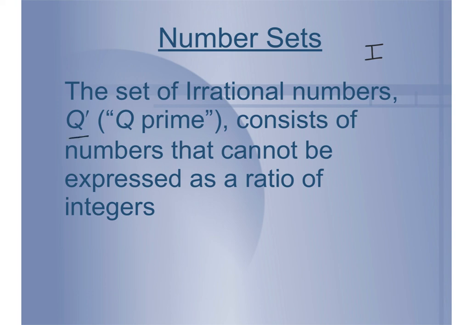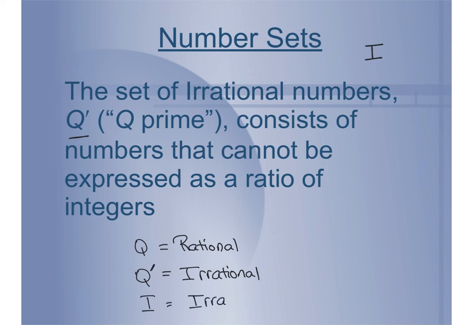If Q is rational, then that little prime above it, the little dash above it, means irrational. If you get something from the book, they're going to use Q prime. If you get something from me, it'll probably have I, because my programming all does I. But they both mean irrational. Q prime and I both mean irrational here.